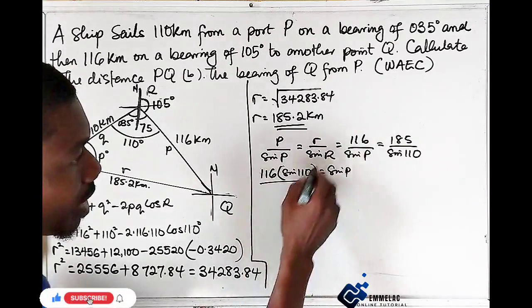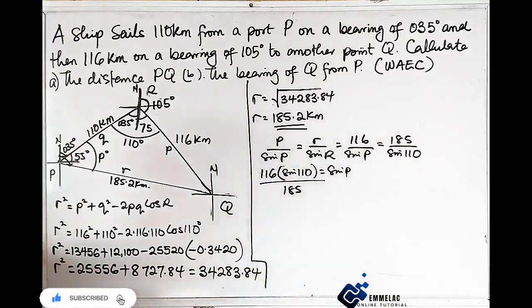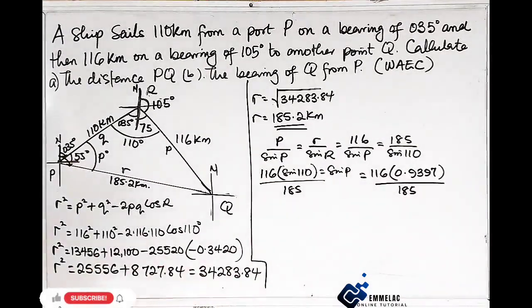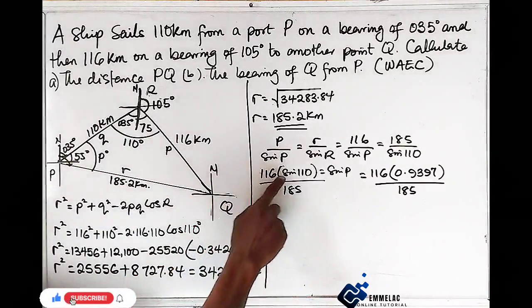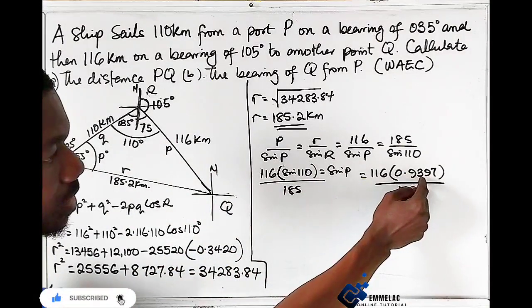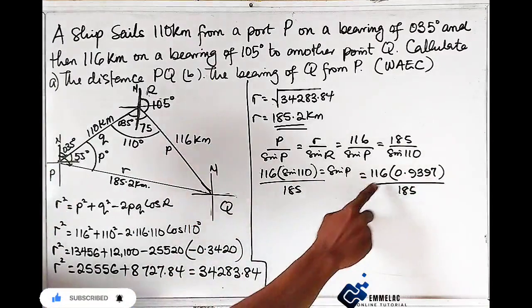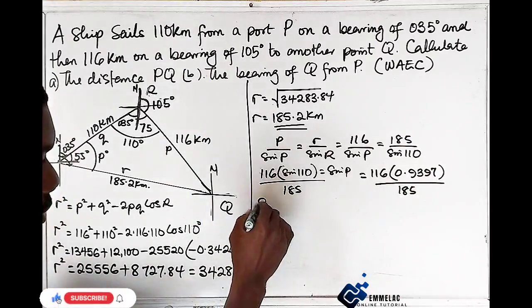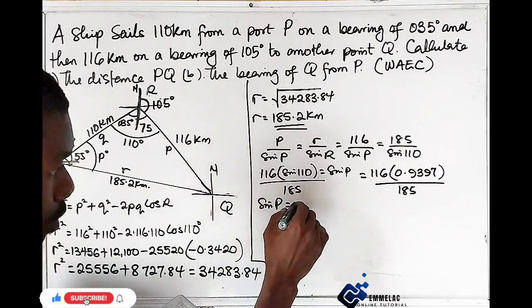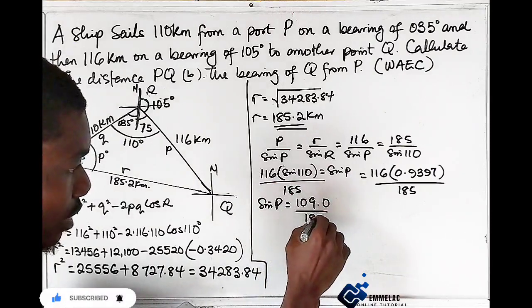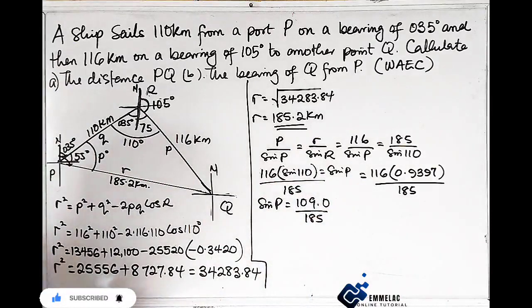Now finding the value of the left hand side, the sine of 110 will give us 0.9397, and the product of 116 and that will give us 109.0. So sine P equals 109.0 over 185.